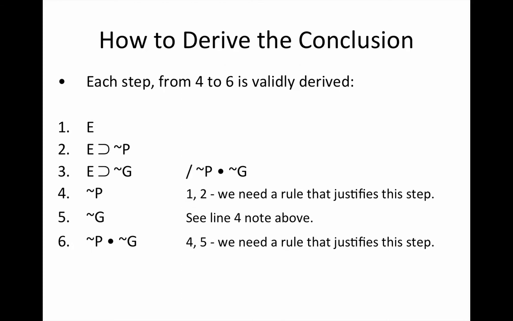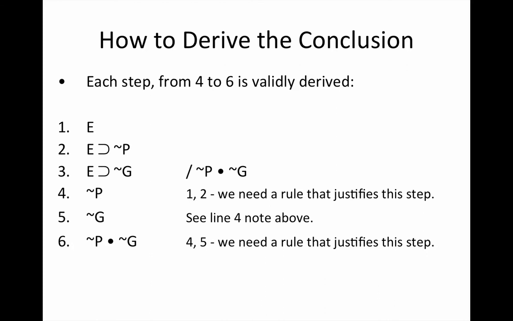So let's take a look at sentences 1 and 2 and sentences 1 and 3. If you think back to chapter 1, you'll remember that there are some argument forms that are always valid.